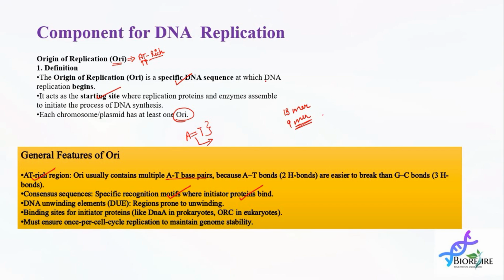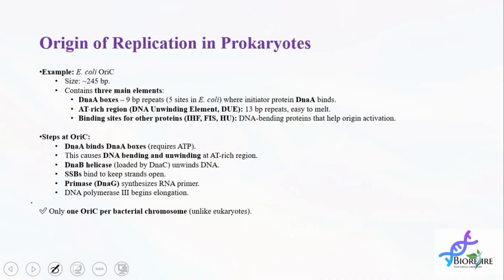It is a binding site for initiator proteins like DnaA in the case of prokaryotes, ORC in the case of eukaryotes. It must ensure once-per-cycle replication to maintain genomic stability. These are some general features of ORI.